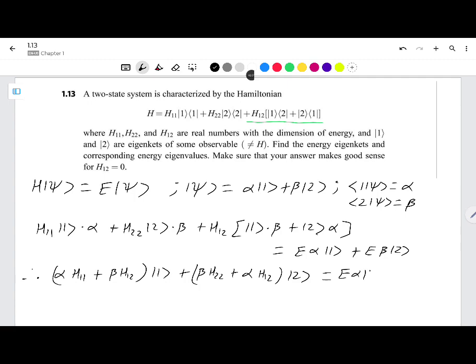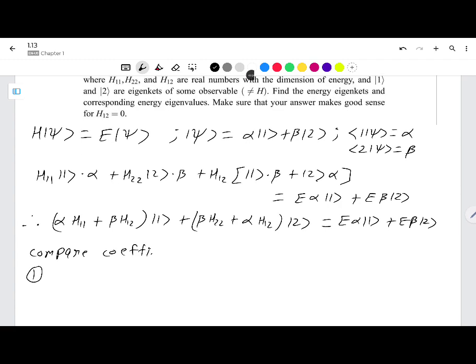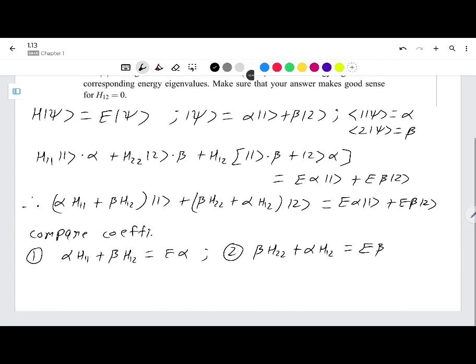This is E alpha |1> plus E beta |2>. Okay. So when you compare the coefficients, what do we get? We get one equation: alpha H11 plus beta H12 is E alpha. Another equation: beta H22 plus alpha H12 is equal to E beta.